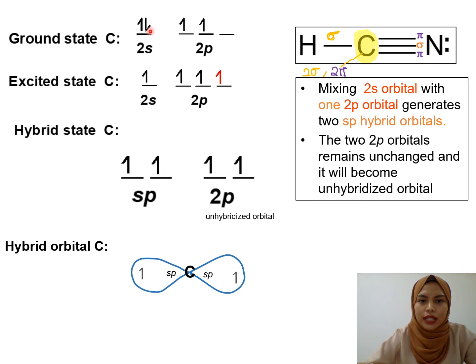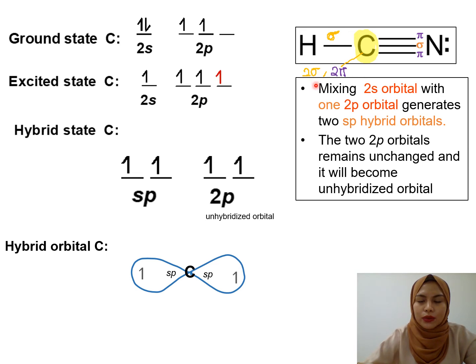Okay, so sekarang ni kenalah excitekan one of the electron yang dekat pasangan ni kepada empty orbital 2p. So sekarang ni the excited state of C will be satu single elektron dekat 2s dan juga 3 single elektron dekat 2p.